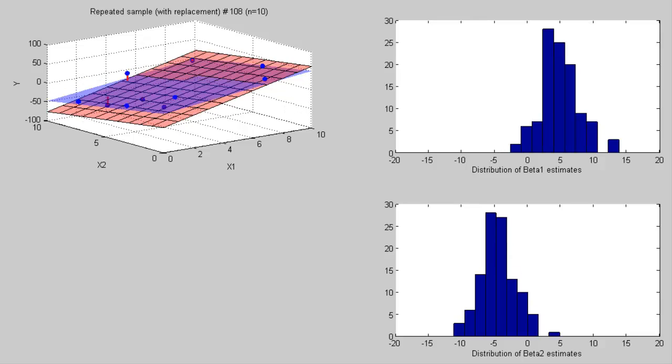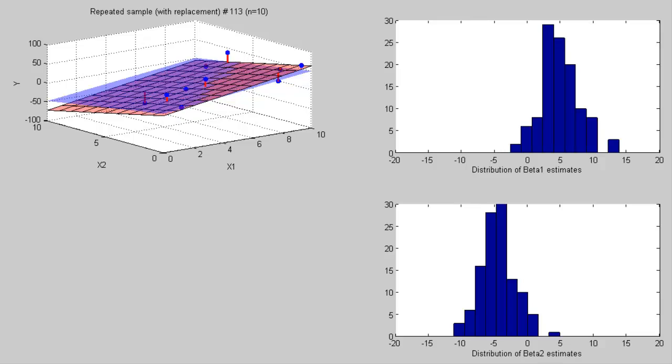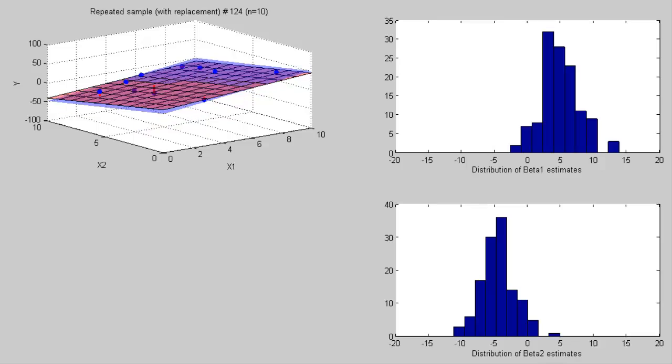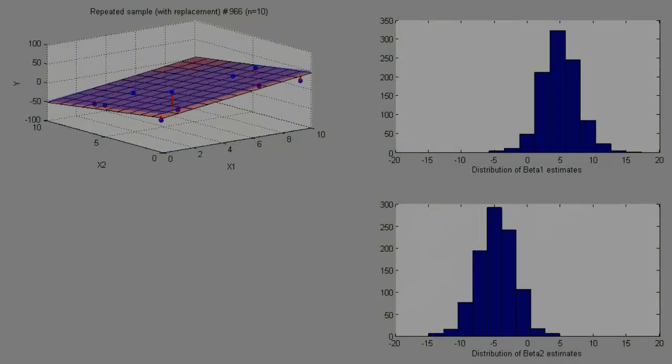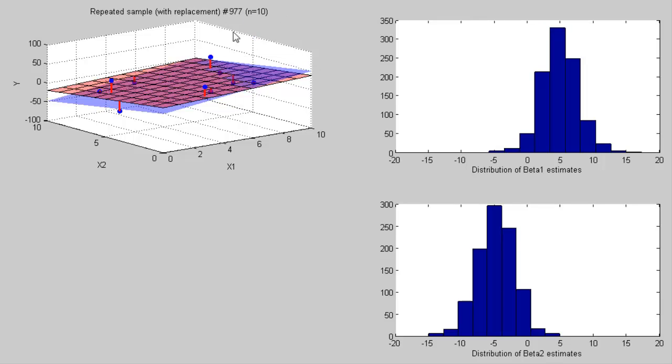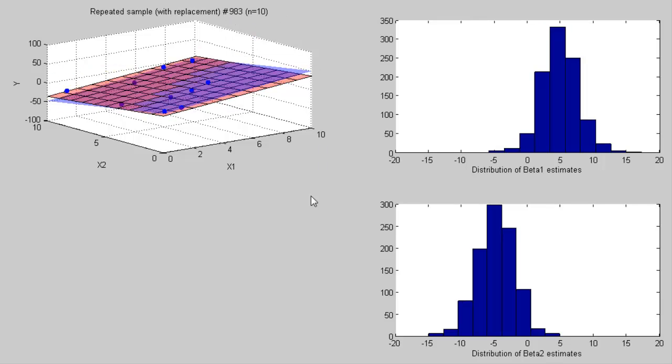So I'm just going to let this run through 1,000 samples, and let's see how it looks after 1,000 samples. Okay, so this is just finishing up. Here's the count up here. It's at about 978, so it's almost finished.